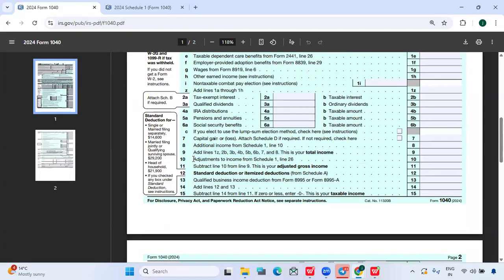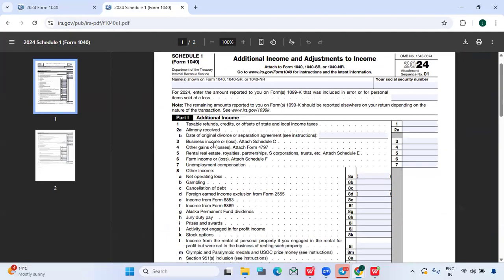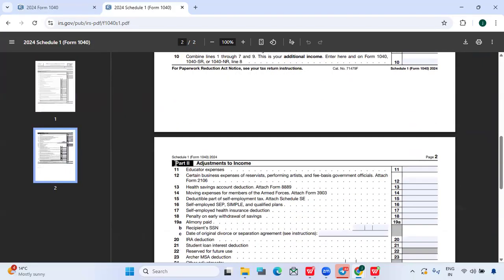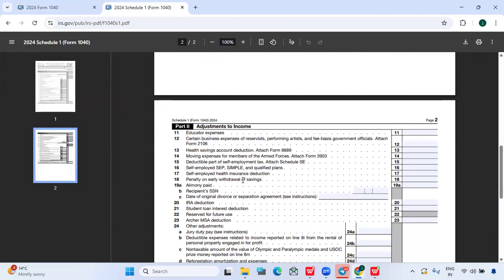Then we have another thing, which is adjustments to income from Schedule 1. In the same Schedule 1, we have additional income, which is Part 1, and Part 2, which is adjustments to income. Adjustments to income basically reduce the total income while paying the taxes.